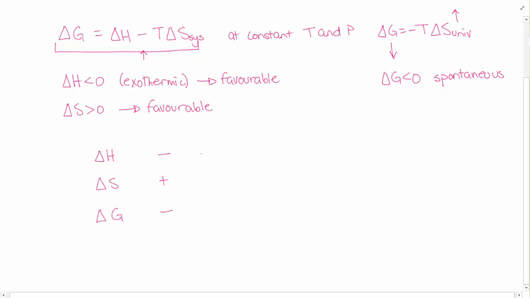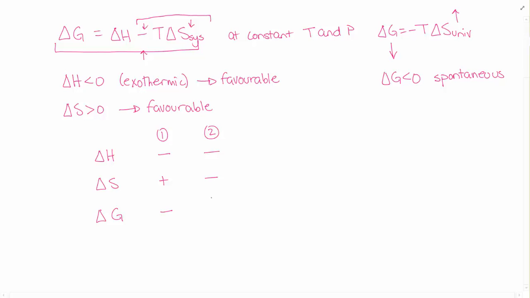If we had delta H negative, so this is case 1, here's case 2, if delta H was negative, so we had an exothermic reaction, but delta S was negative, then this term here, because it would be negative times a negative delta S, would be positive, so that would contribute to increasing delta G. That would be not favorable.